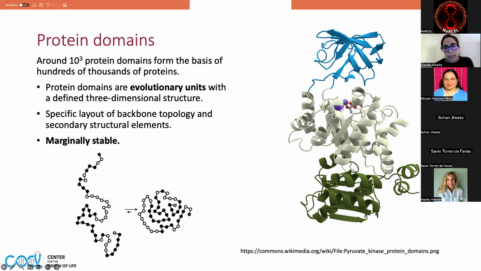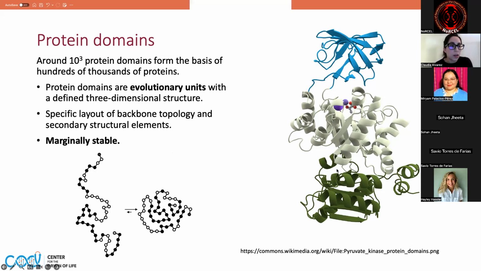The reason why we see these in 3 dimensions is because proteins are polymers that form interactions between them. When these interactions are formed, a 3-dimensional structure forms.